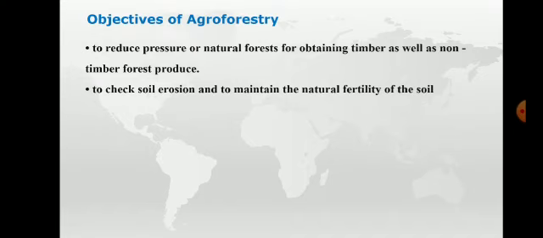To check soil erosion and to maintain the natural fertility of the soil. So when the land was barren, you can see more soil erosion would have taken place there, isn't it? So in that piece of land, when we plant the trees, you can check the soil erosion as well as maintain the natural fertility of the soil.